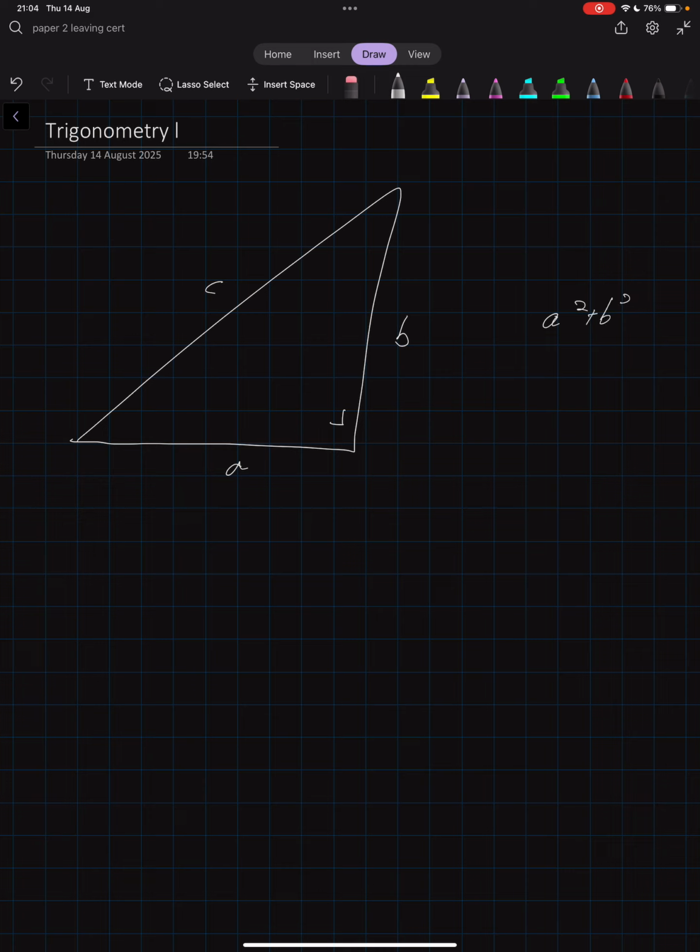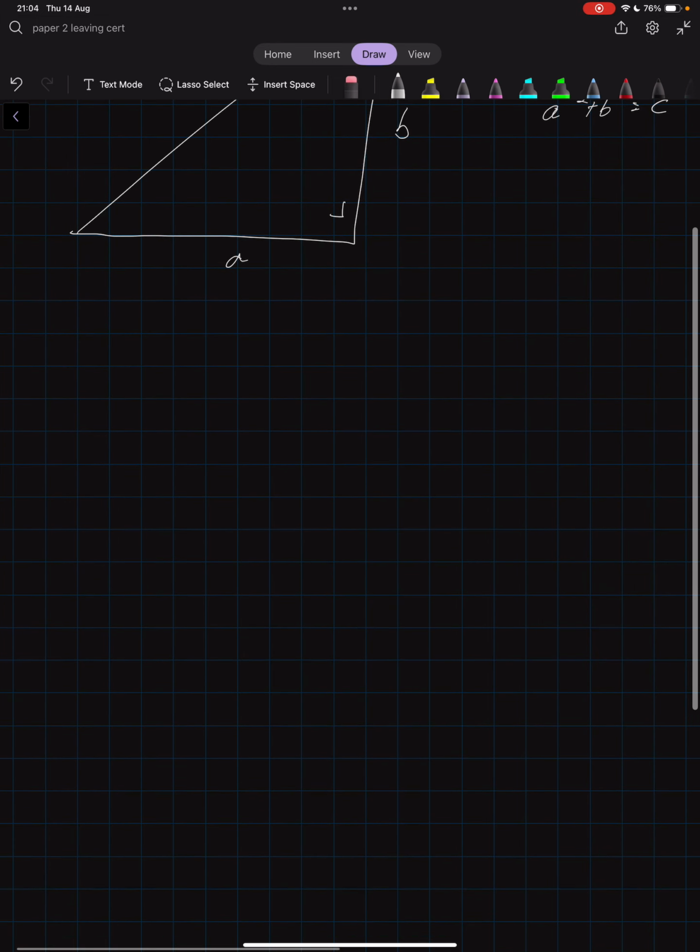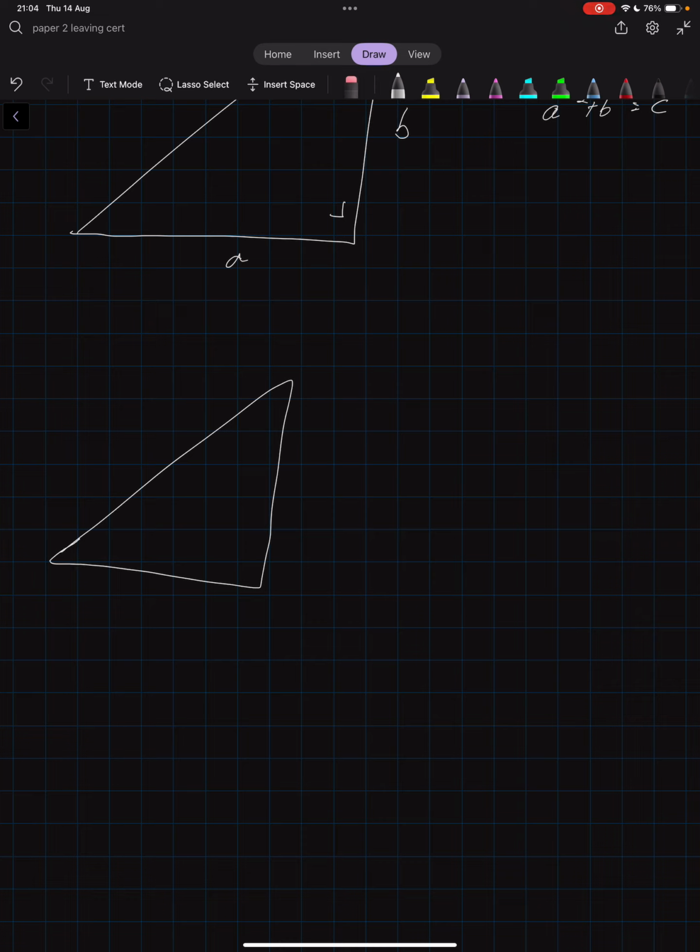If we have a right angle triangle like this, this is A, this is B, and this is C, then A squared plus B squared equals C squared. Hopefully everybody remembers that. As an example, let's say this is 13 meters, this is 12 meters, and this is X meters.